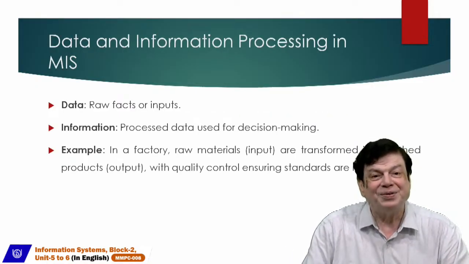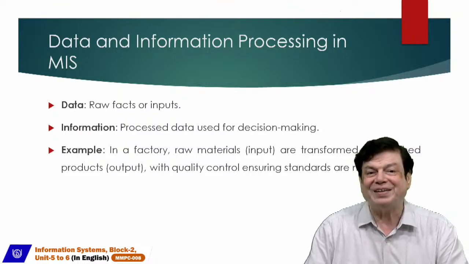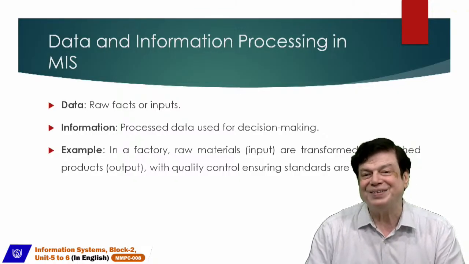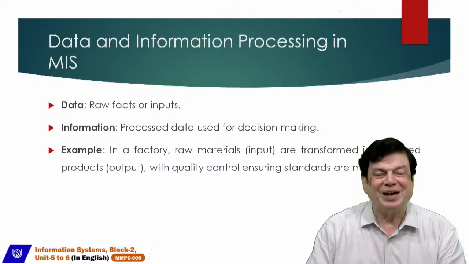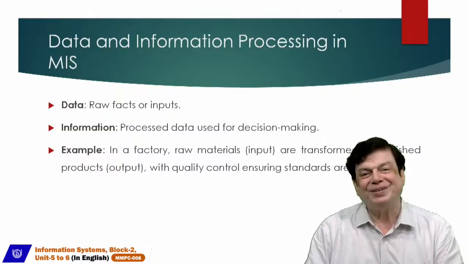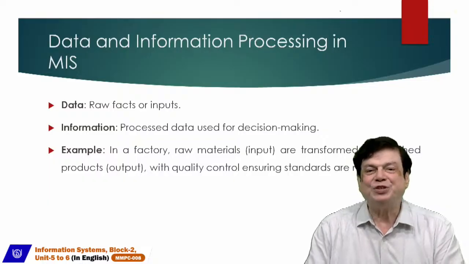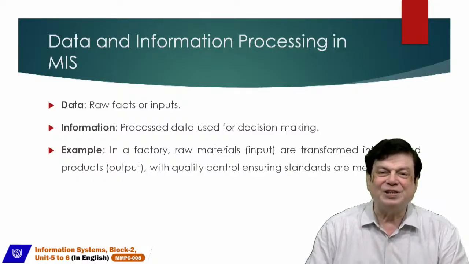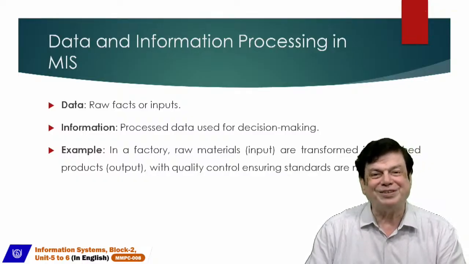Data is raw facts or inputs, raw data. Then information is processed data used for decision making. Data is processed, that becomes the information, and that is used for decision making. Data is, for example, the feed of yesterday's sales of all the branches.